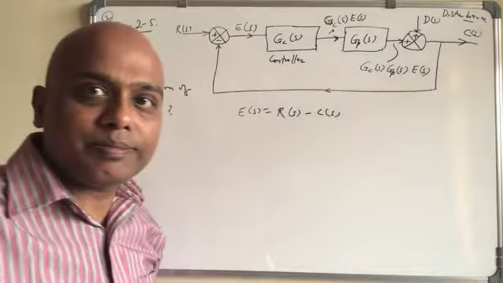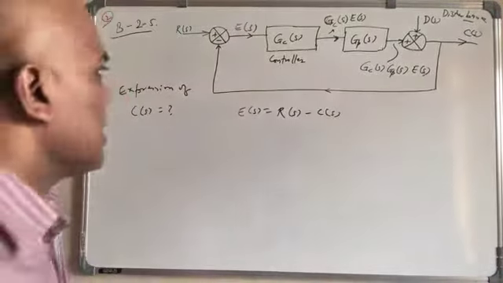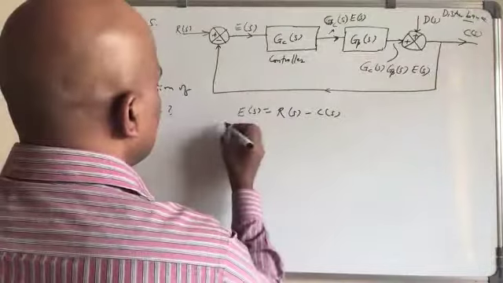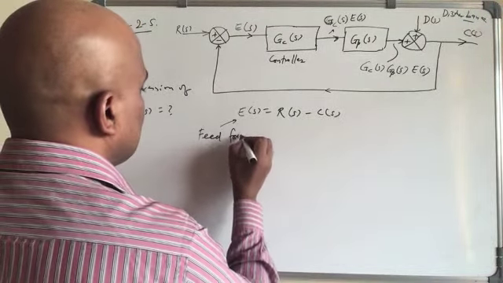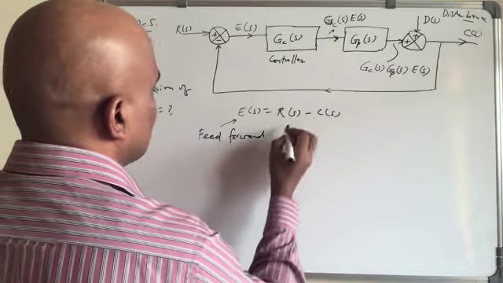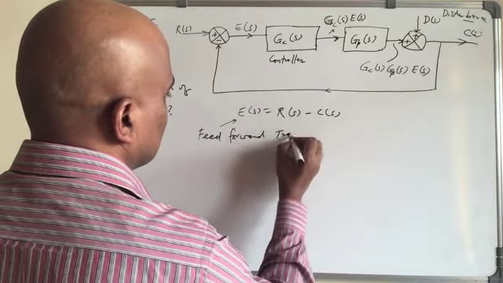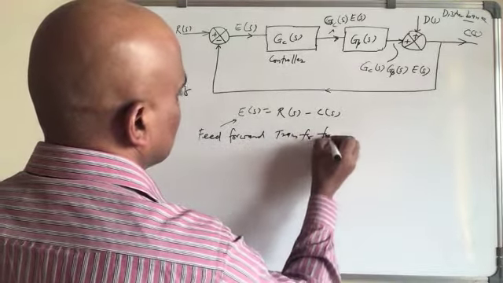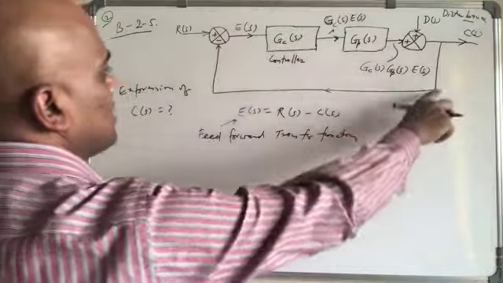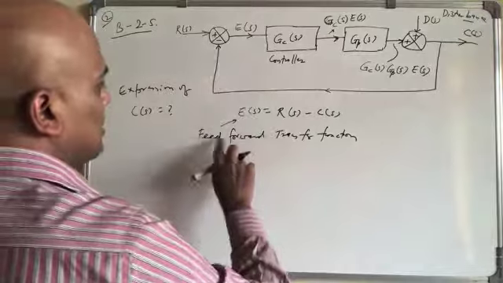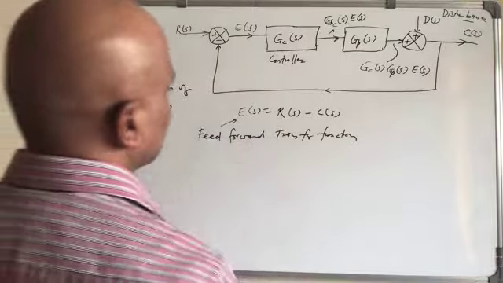That's what you have. So this error E, you also call it the feed forward transfer function, which is actually the error, basically the reference and the output. So this is also known as feed forward transfer function.